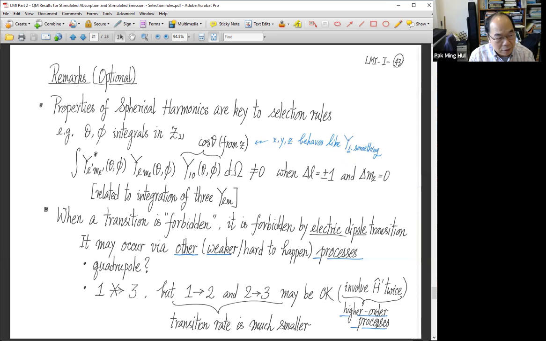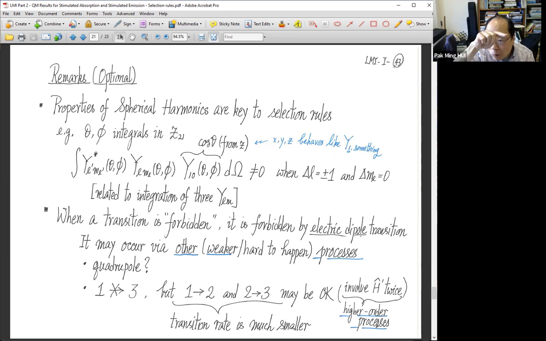Last point, what we are playing with is within the electric dipole mechanism. So when we say something is 0 here, it doesn't mean that transition cannot occur at all. It cannot occur within the first order electric dipole transition, meaning through one photon.